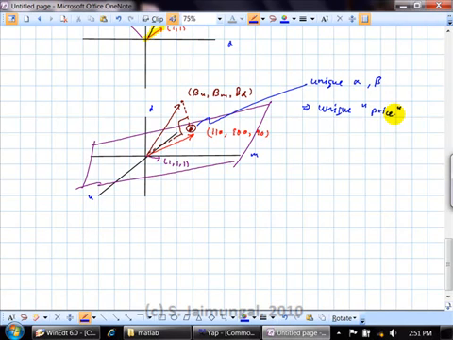Now, it's not really a price of B. It's a price of the claim that is as close to B as possible. Or price of asset.